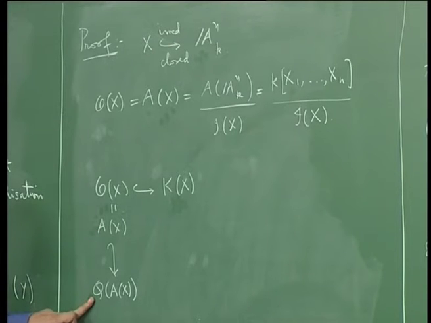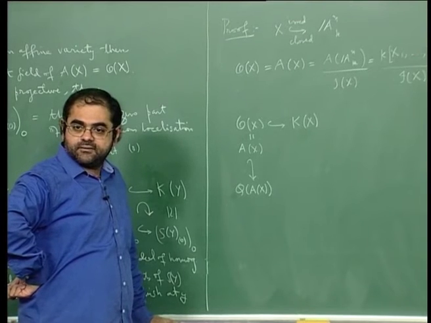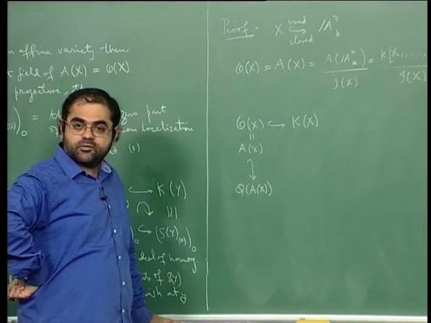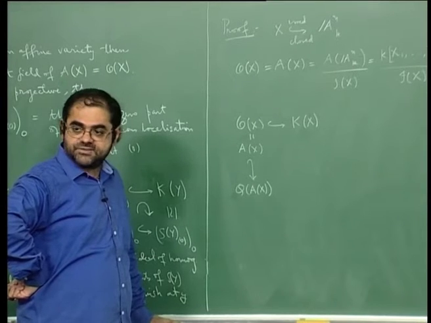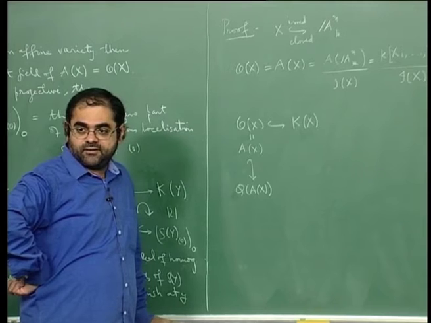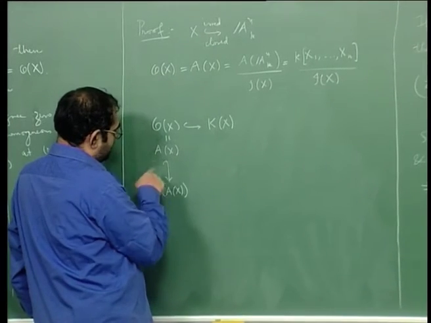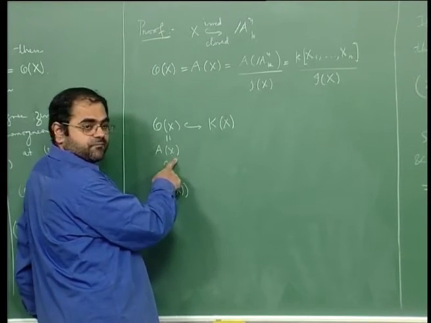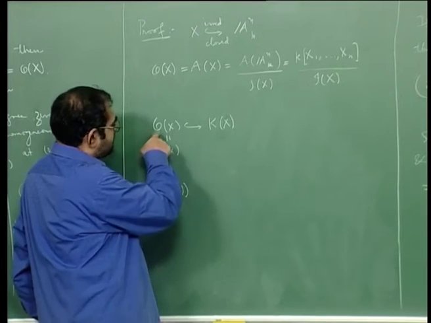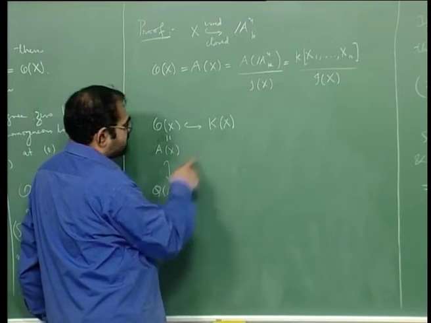The quotient field of an integral domain is the smallest field in which the integral domain sits. That is also called the universal property of the quotient field. Therefore since Q(A(X)) is the quotient field of A(X), which is the same as O(X), it is the smallest field which contains O(X), and since K(X) is a field which contains O(X), this has to be contained in that.